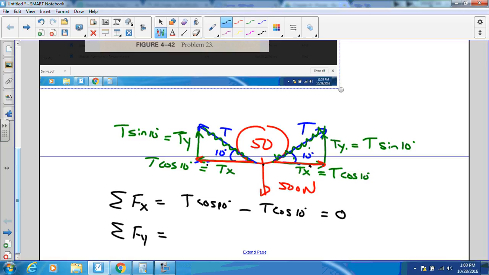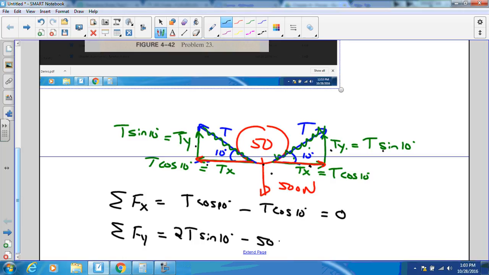Now if we look at the force in the y direction, the sum of forces in the y direction are going to include Ty on the left, which is pulling up, so that's positive. And Ty on the right is pulling up also, so that is another T sine 10 degrees. So we really have 2 T sine 10 degrees.